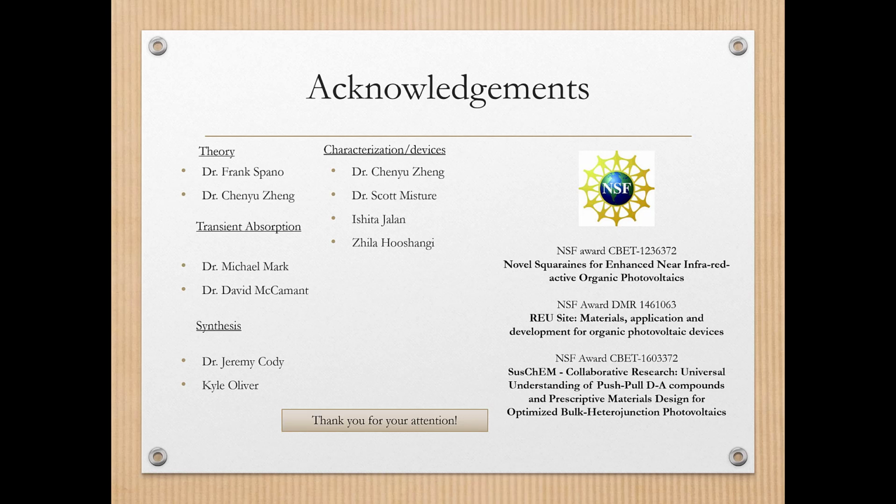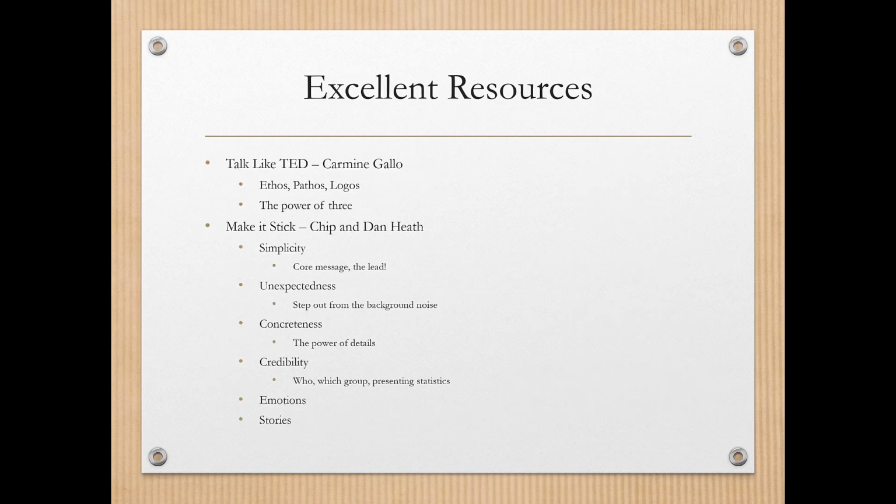I'm not done yet, because I want to provide you with some really good resources. There's a book called Talk Like TED by Carmine Gallo. In that book, Carmine Gallo talks about ethos, pathos, and logos. Ethos, the credibility of the presentation. Pathos, the pulling on the heartstrings, maybe the pragmatic problem in there, and drawing the attention of the audience, drawing the engagement of the audience.